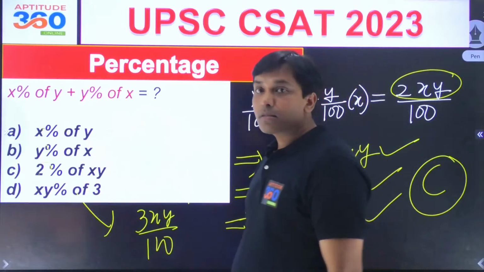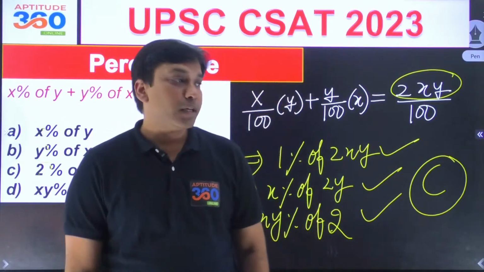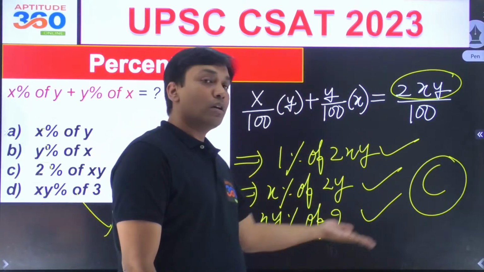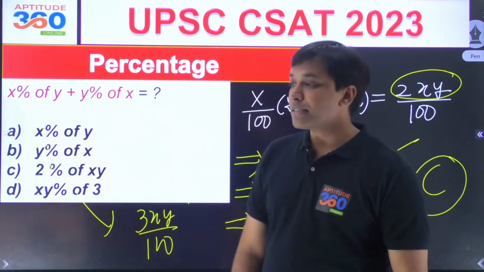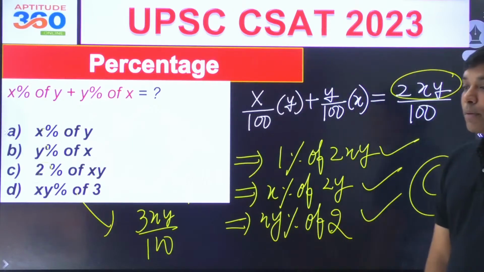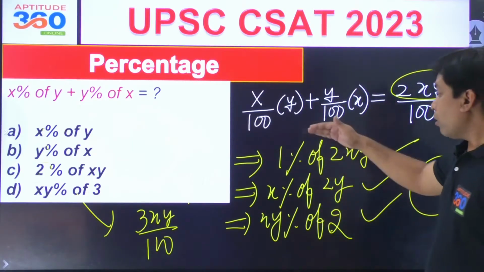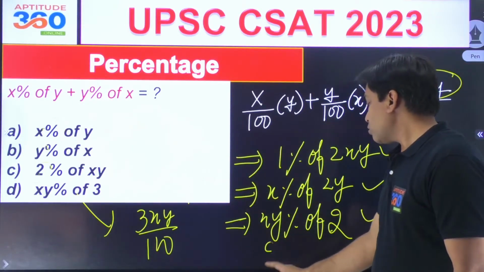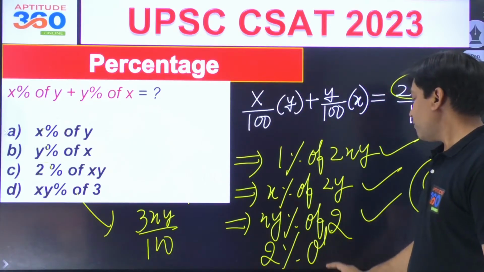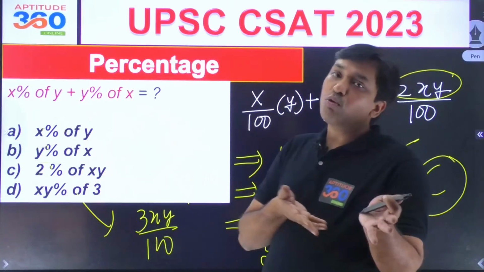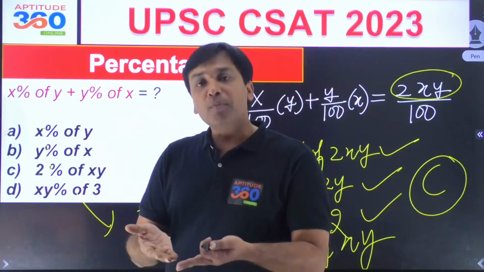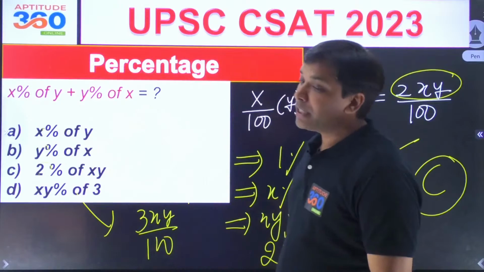C भी वही है जो ये सारे के सारे ऑप्शन हैं. So 1, 2 and 3, all of them are giving you the right answer. Does this make sense, people? All these three statements and the fourth, which is 2% of xy, all these four statements are equal. Why are they equal? Because in the numerator we have got 2xy and in the denominator I have got 100. Are we clear with this?